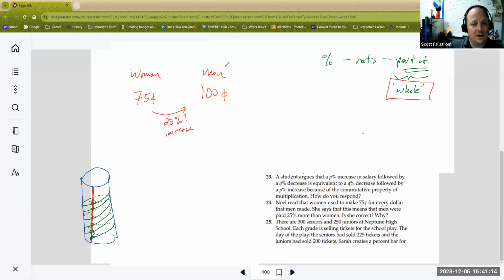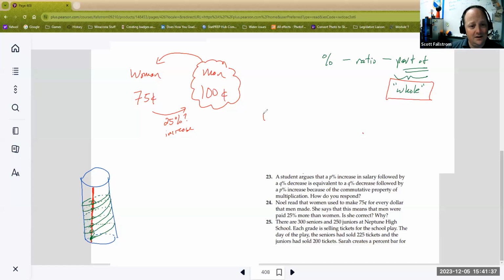So if we were looking at men and saying 25% of the man's piece would be 25 cents, and therefore, look, if you go this direction, you get back down to women, it's exactly 25 cents less. So, aha, that would be it. That is reasonable thinking, but the way you say that is very different.